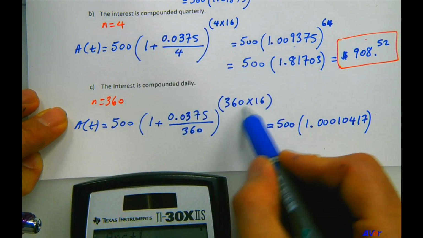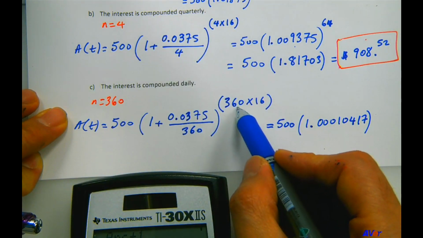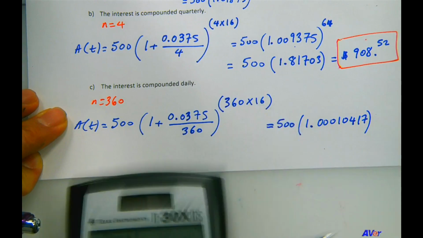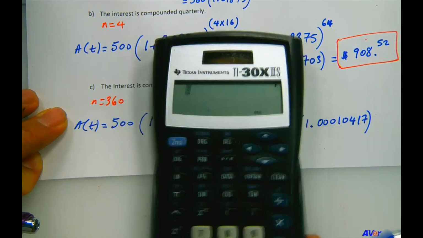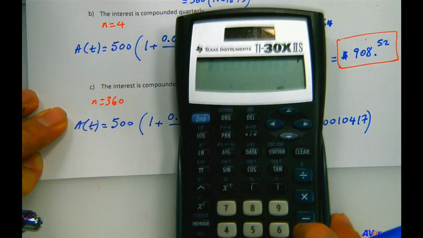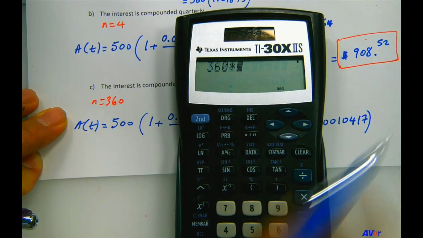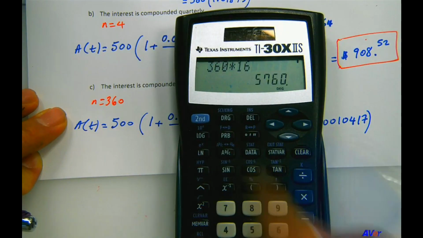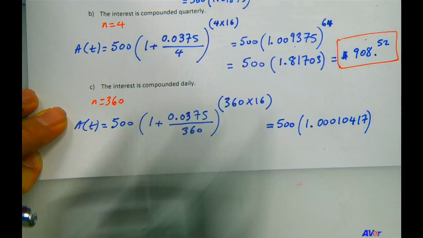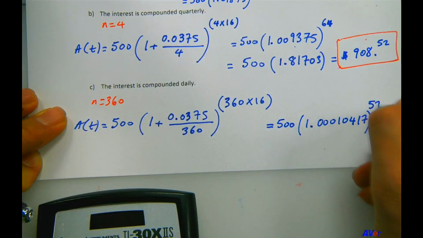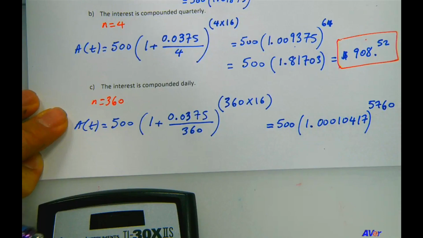To this power, right? 360 times 16. What is that? 360 times 16 is 5,760. So raised to 5,760 power. Okay? All right.